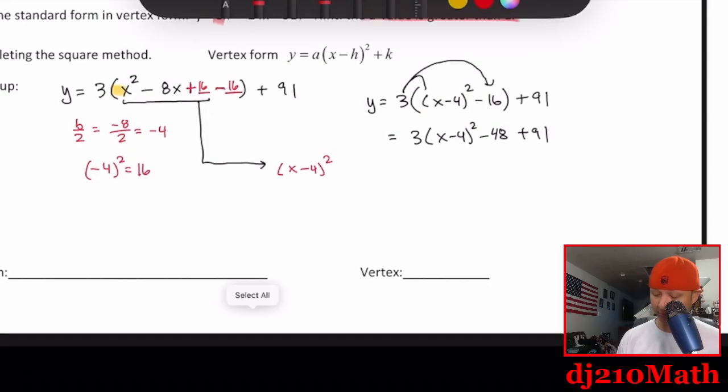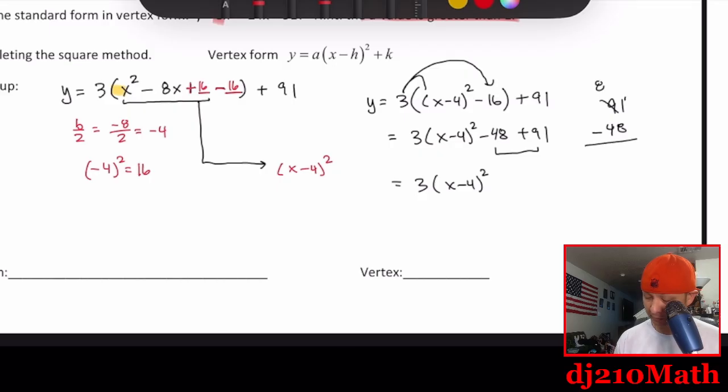So final answer, we just have to combine negative 48 and 91. So this is going to be 3 times x minus 4 squared. Okay, 91 take away 48. Who remembers how to do this? 9, 10, 11, 43. So positive 43.